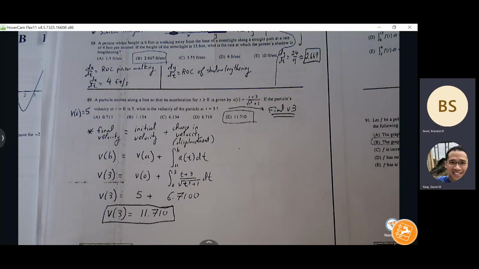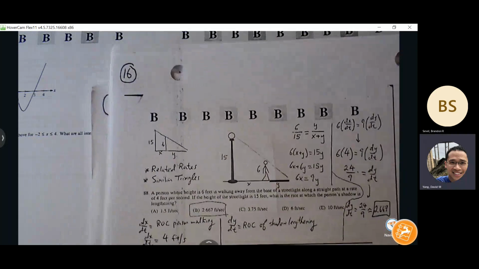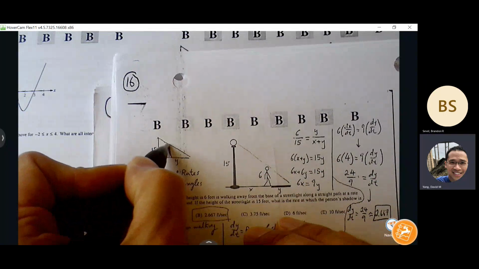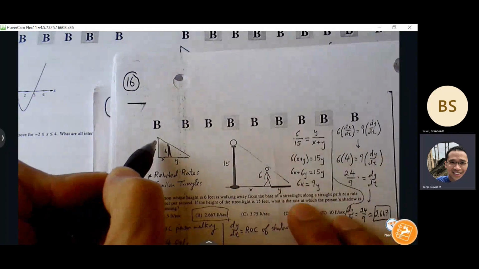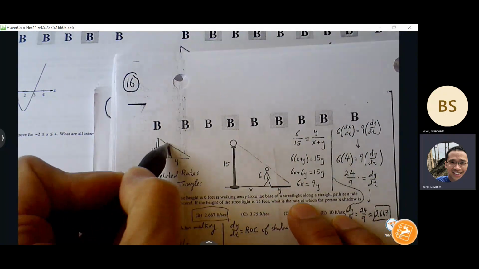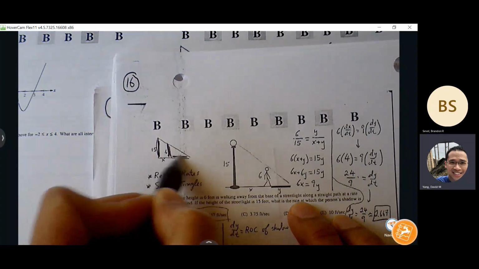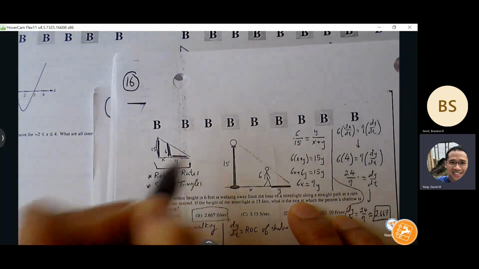Mr. Yang, I have a question. On number 15, how did you get the equation y over x plus y? Right, so we're doing proportions here. The height of the small triangle is to the height of the large triangle, and the base of the small triangle is to the base of the large triangle.